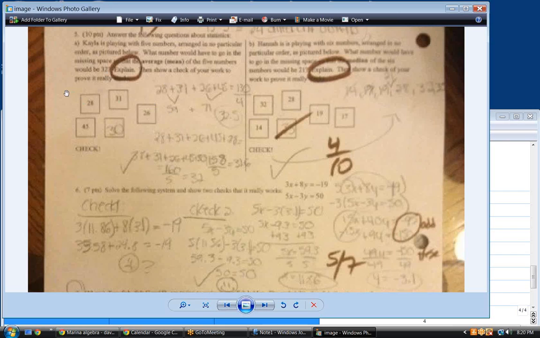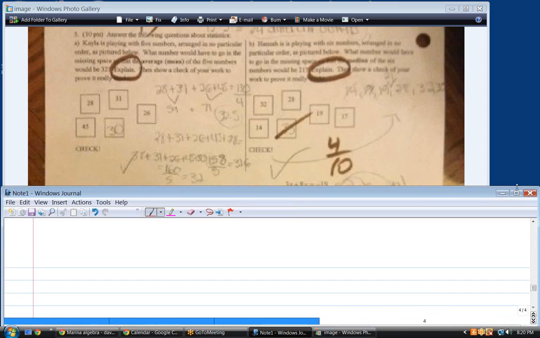What number would have to go in the missing space so that the average of the 5 numbers would be 32? Did you get this right or wrong? We just left out an explanation.